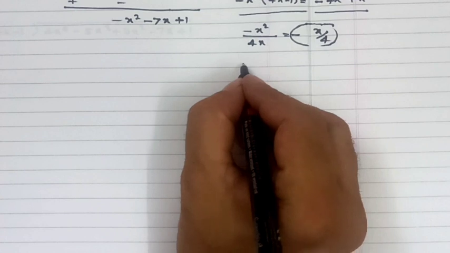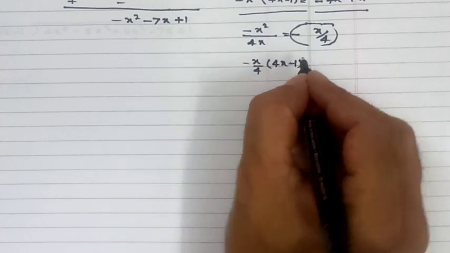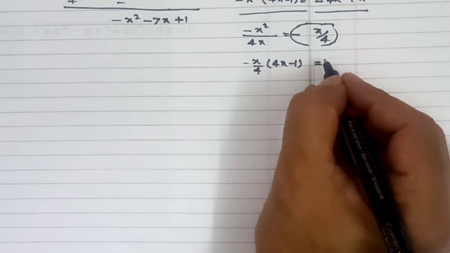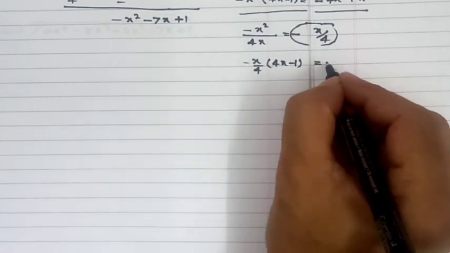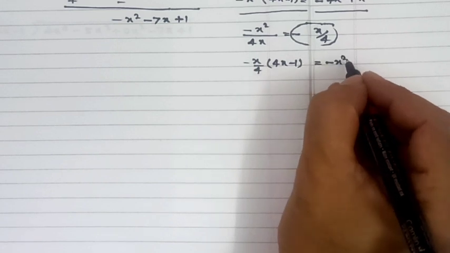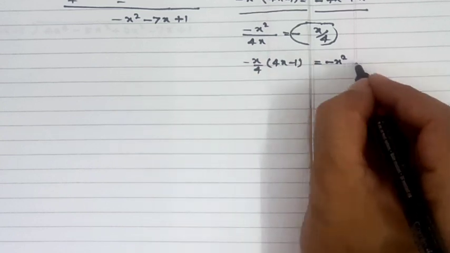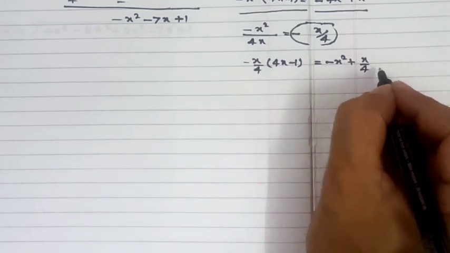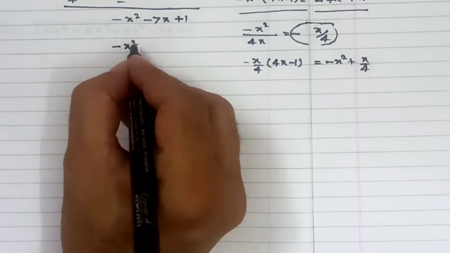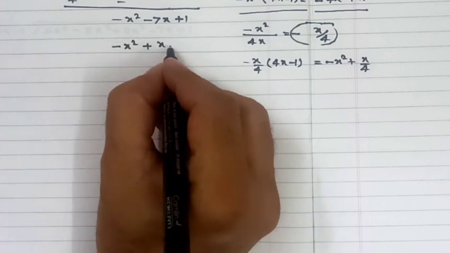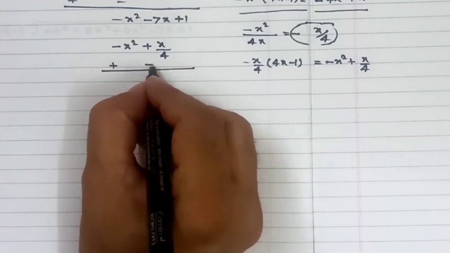And then multiply minus x upon 4 to 4x minus 1. You will get minus x square, and then when you multiply here, minus minus plus, and x upon 4. So write down here minus x square plus x upon 4 and subtract, minus minus plus and minus.